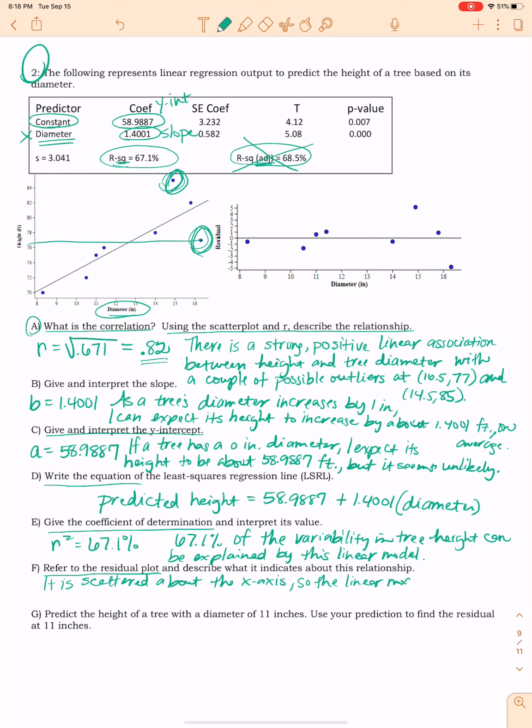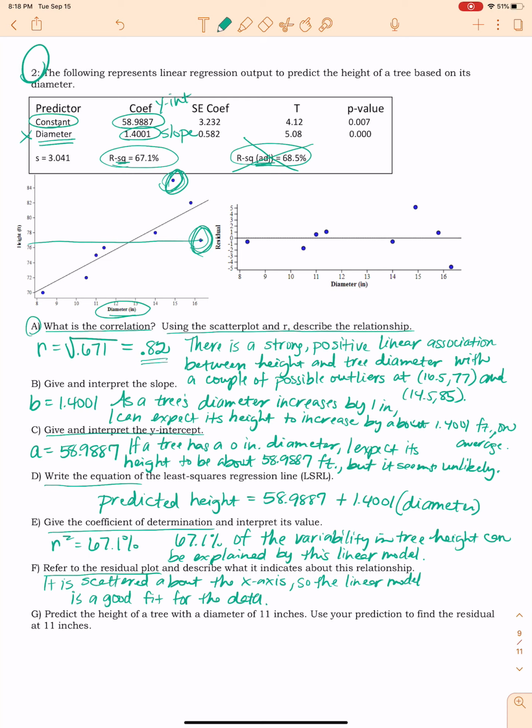So the linear model is a good fit for the data. Another way to think about this is that a linear model would be appropriate for the data. That word comes up a lot.